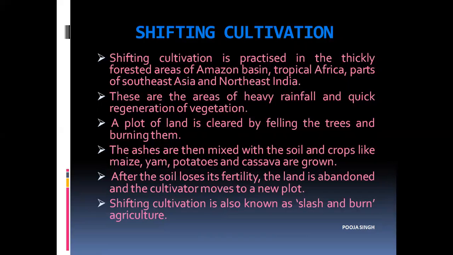The ashes are then mixed with the soil and crops like maize, yam, potatoes, and cassava are grown. After the soil loses its fertility, the land is abandoned and the cultivator moves to a new plot. Shifting cultivation is also known as slash and burn agriculture.